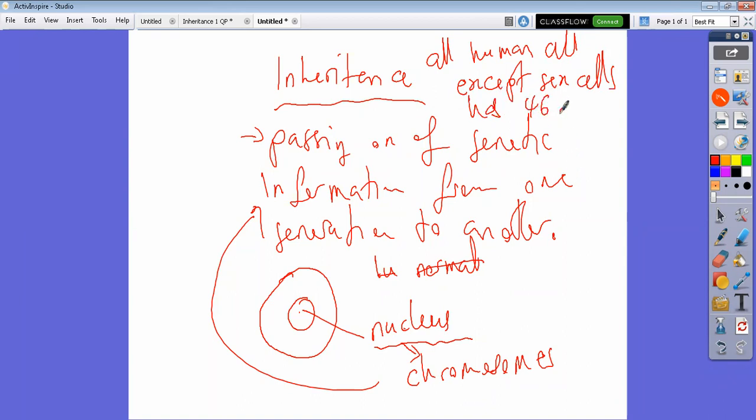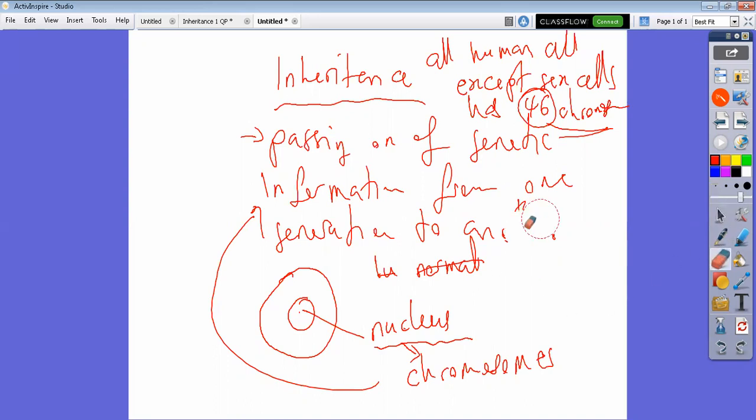So any other cell that is not a sex cell has got 46 chromosomes. Are we together on that? Is that clear?